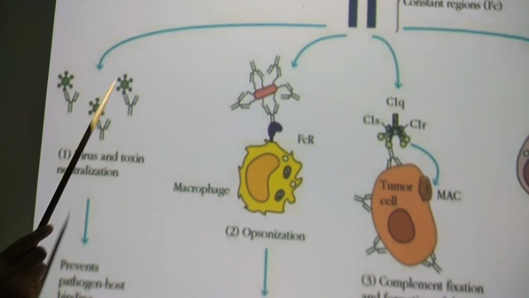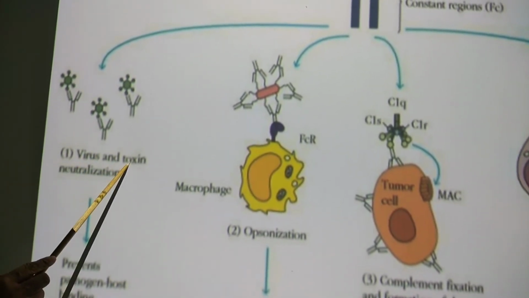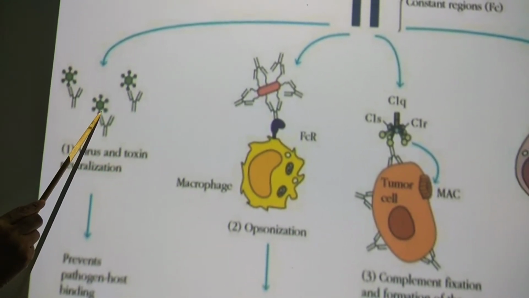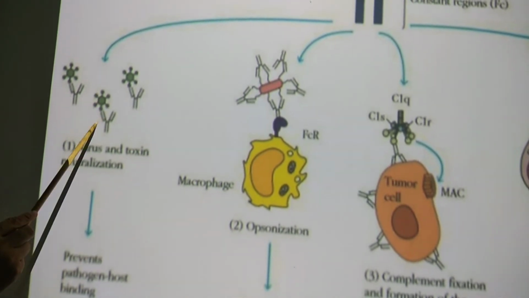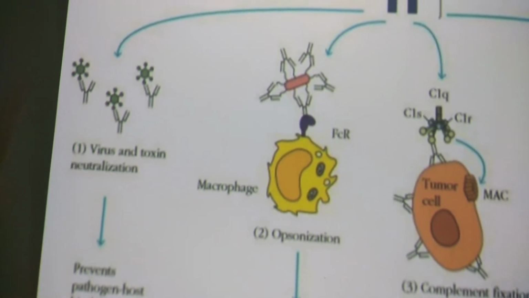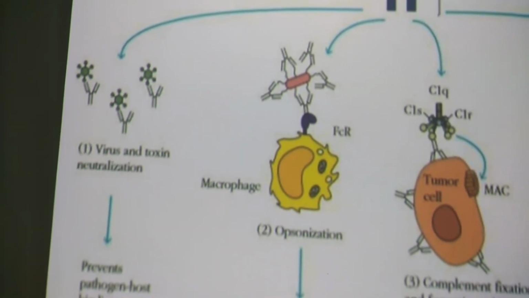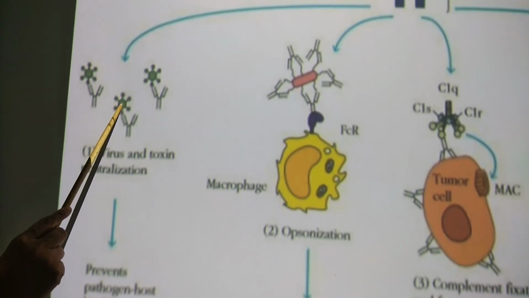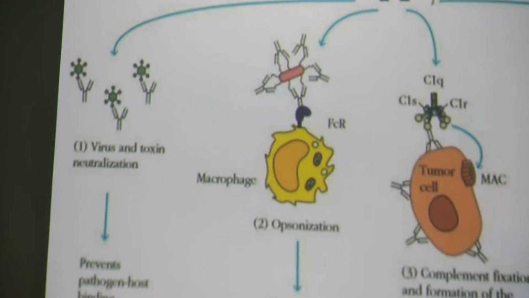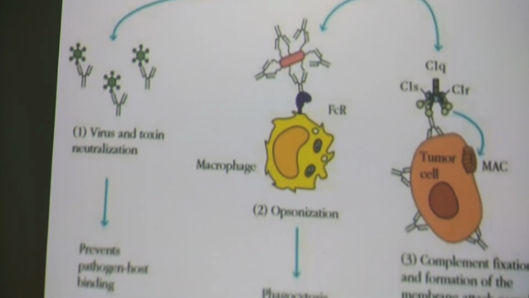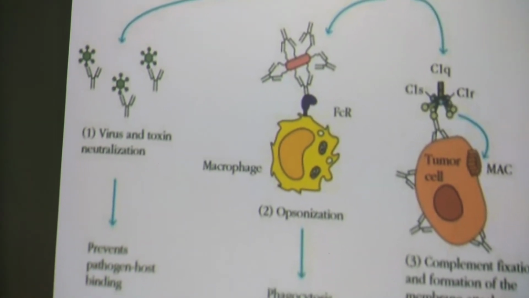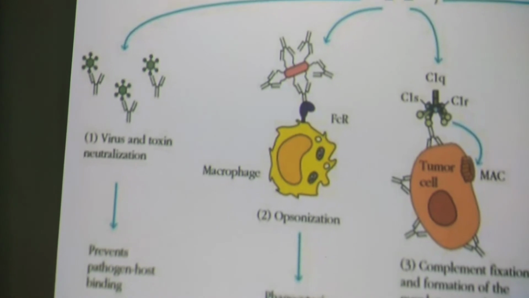When antibodies are produced against these viruses or toxins, they bind to the virus or the toxin and neutralize them, which means they bind to the infective site and block the binding site. Therefore, the virus or toxin is not able to bind to the host cells. Unless it binds to the host cell, it cannot cause disease, thereby protecting the body from the disease.